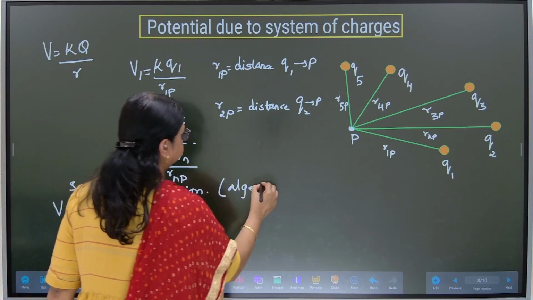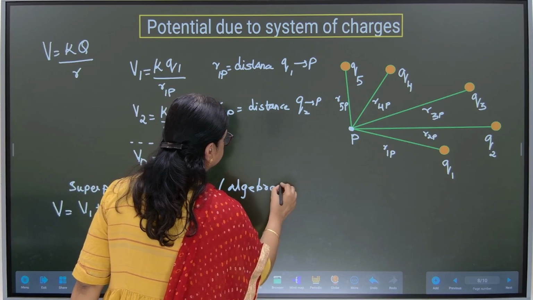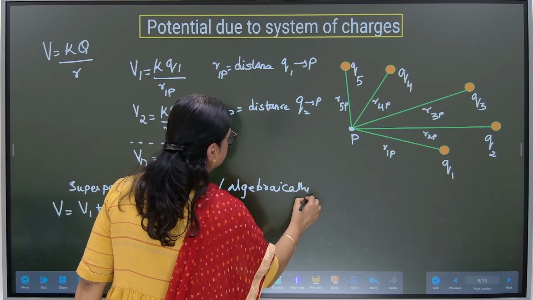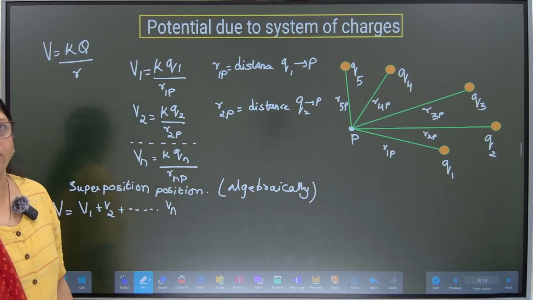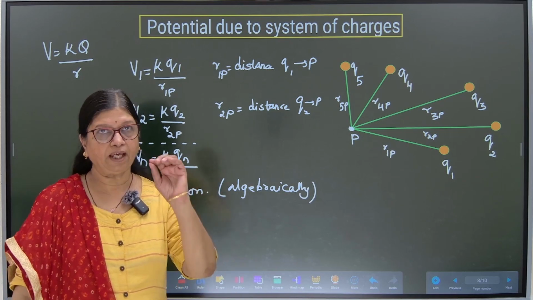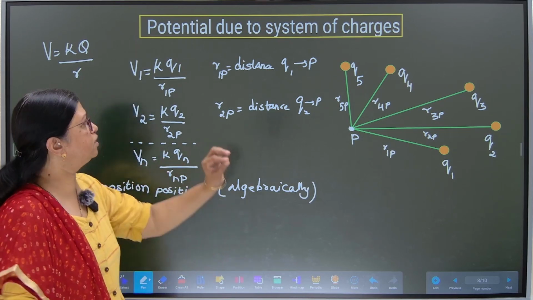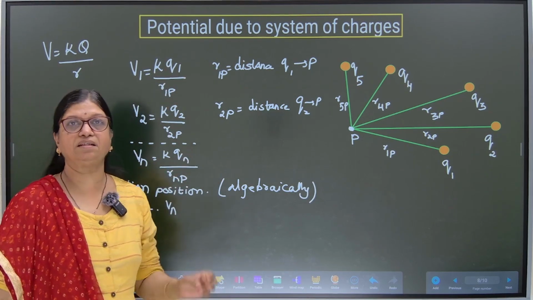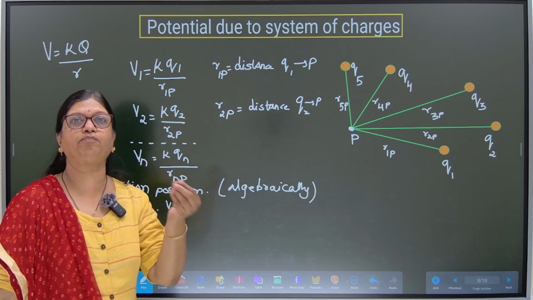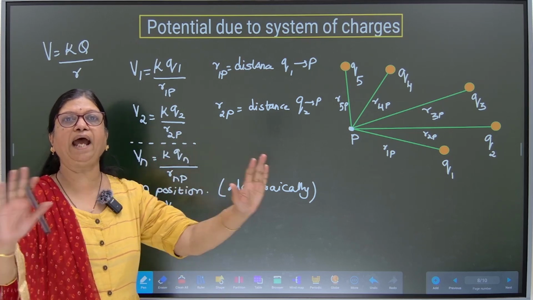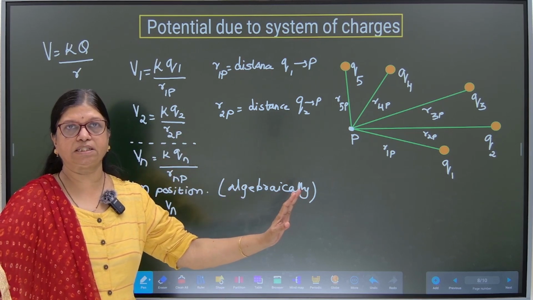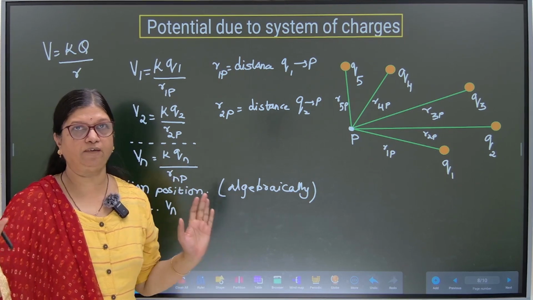Algebraically. Okay, that means what we have to do? We have to substitute the charge as it is with the respective polarity of positive or negative and just add all the potentials algebraically. That's what we have to do.